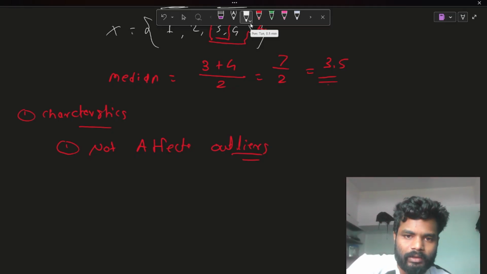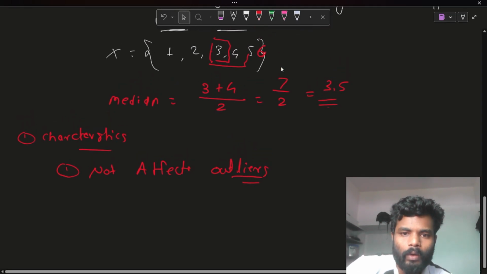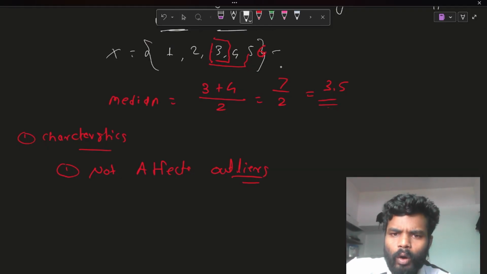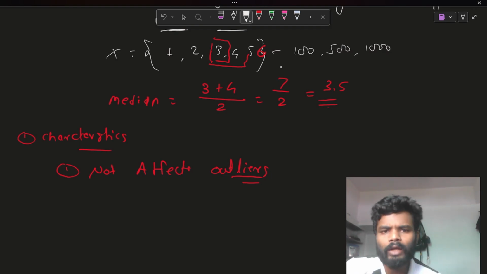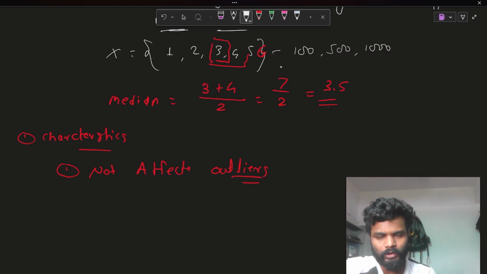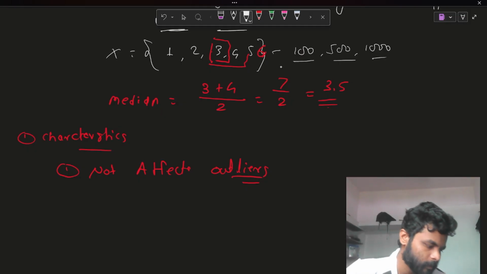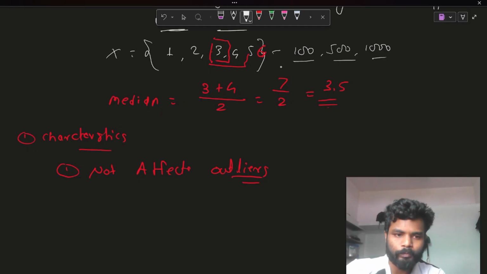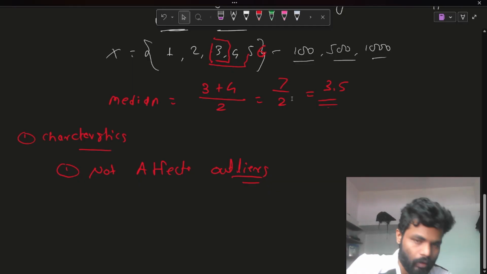In that data set, if you add an outlier of 100 or 500 or 1000, it does not affect the median value, because we arrange the set in ascending or descending order and take the middle value. That's one of the most useful properties.